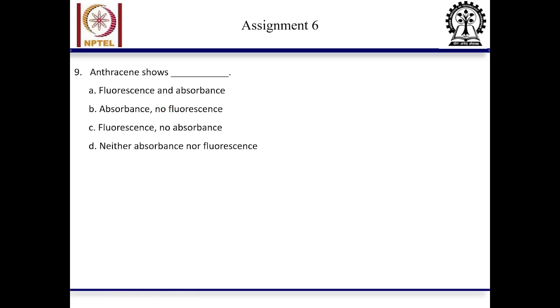Anthracene shows. Can anyone just write in the chat box what the answer is? So anthracene is this molecule, with three benzene rings.